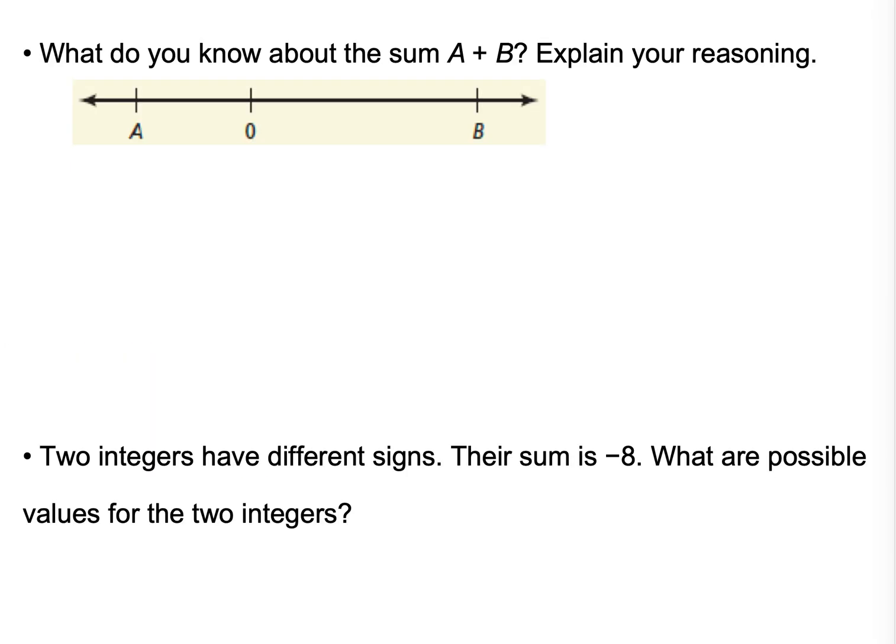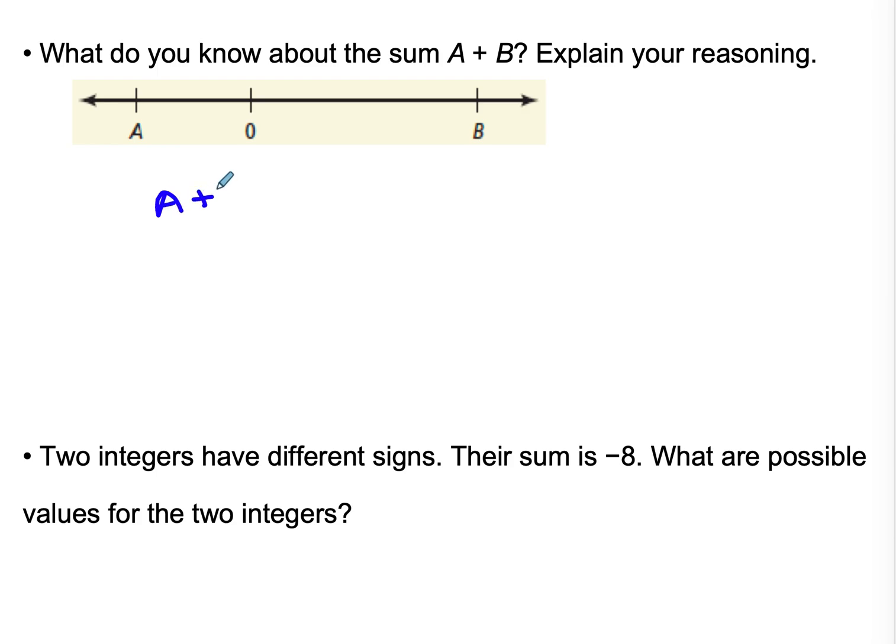All right, and our last one here. What do you know about the sum of A plus B? Explain your reasoning. So here, B has a greater absolute value. So I know that A plus B, let's try that again. Okay. All right, so what do I know?